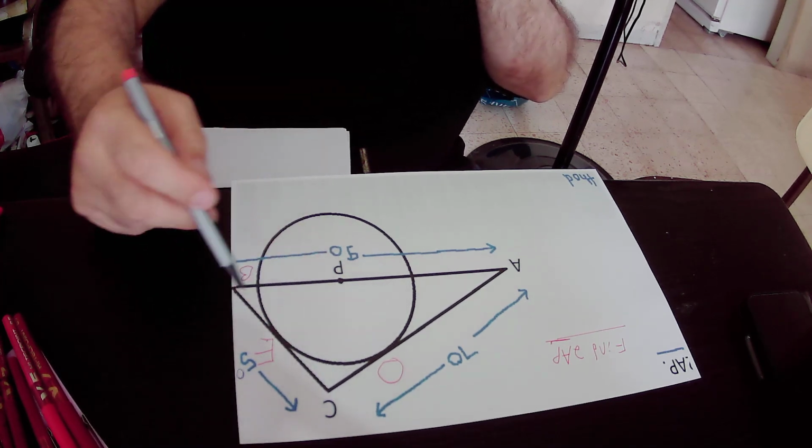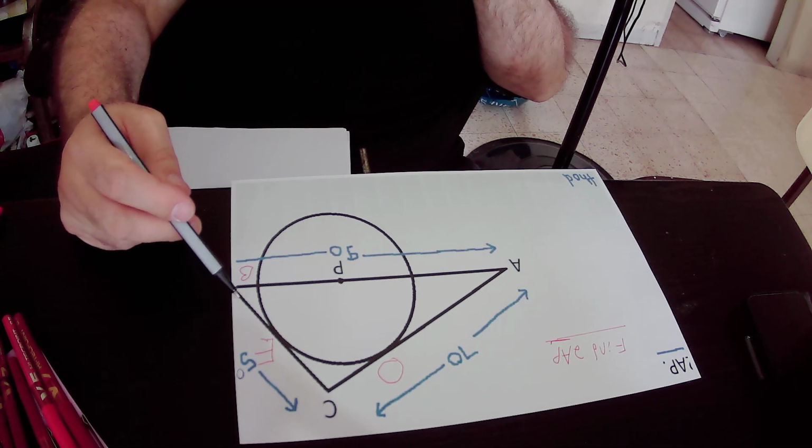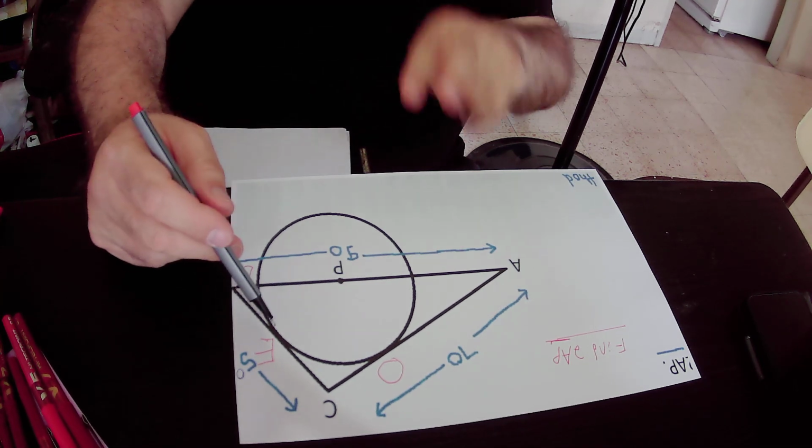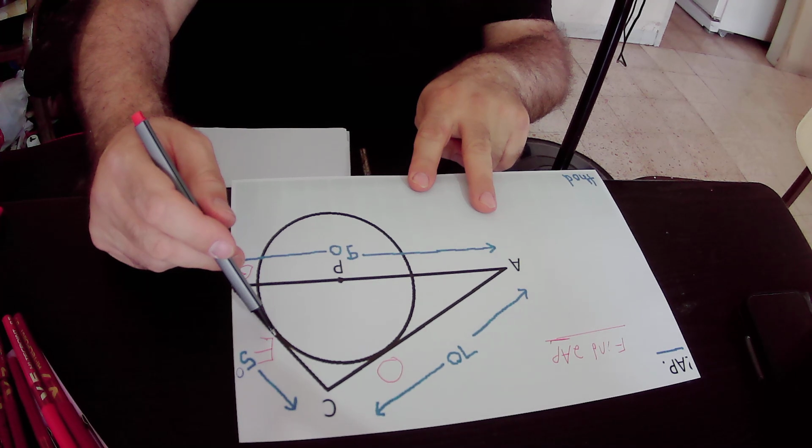Side BC of the triangle is tangent to the circle at this point E.